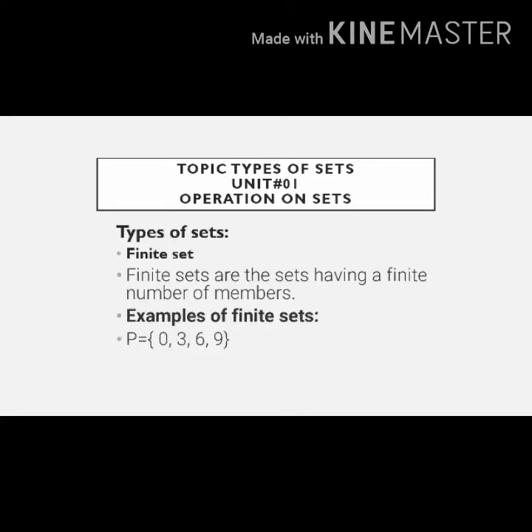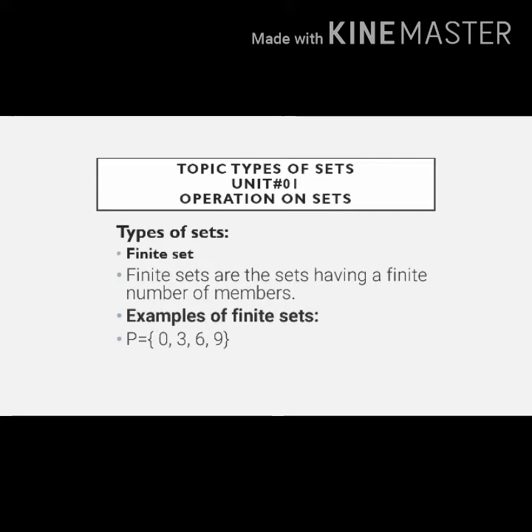Now we are going to learn about the types of sets. There are different types of sets. First of all, we will discuss the finite set. Finite sets are sets having a finite number of members. Here finite means countable. A set that has a countable number of elements is known as a finite set.